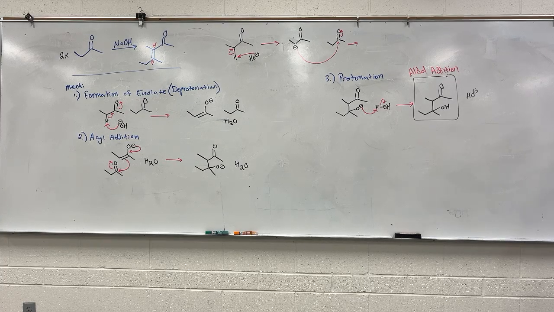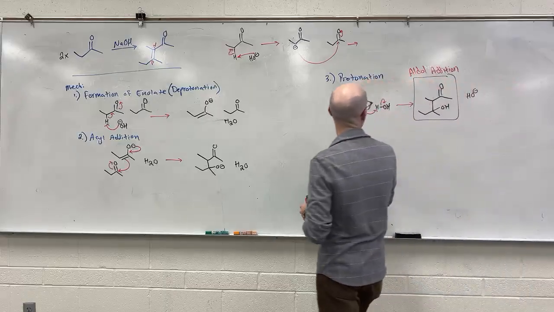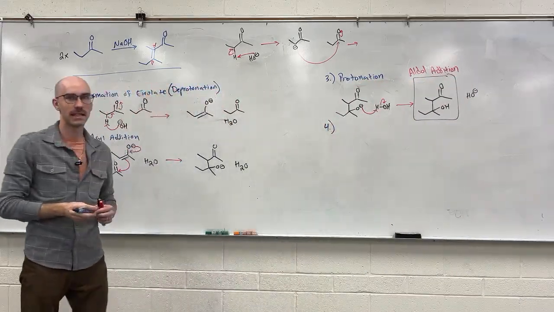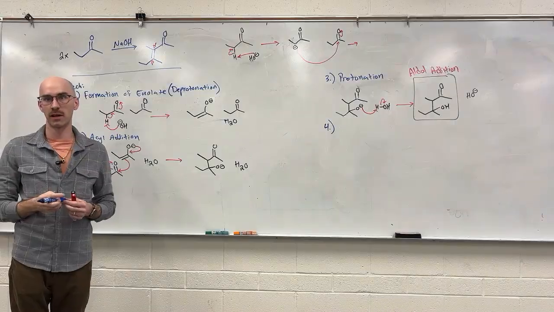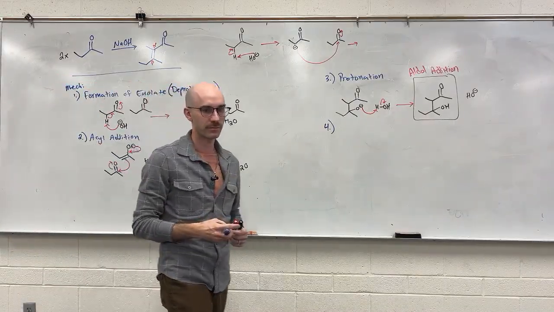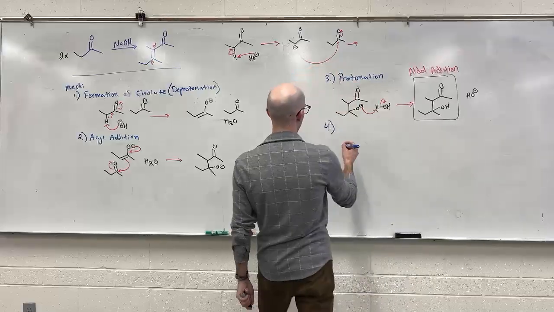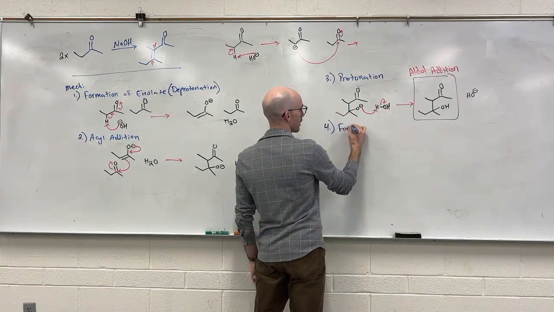You see that we're not done with the mechanism for aldol condensation, right? So it would be strange to be done with the product when we're not done with the mechanism. So I am just on my way to getting the aldol condensation product. I have another deprotonation step.